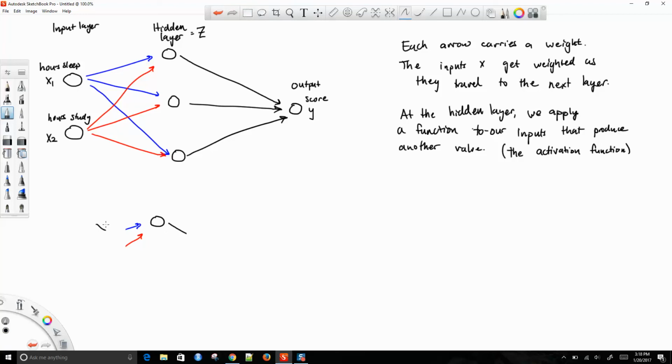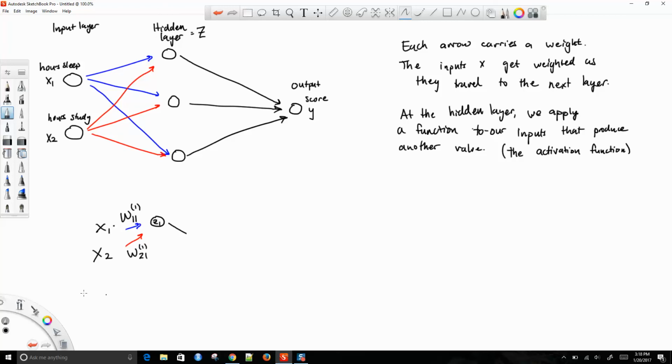So this is x1 being multiplied by some weight, which I'm going to call weight 1,1. This is z1. And then over here we have x2, and this is being multiplied by a weight going from 2 to 1 in weight layer 1.